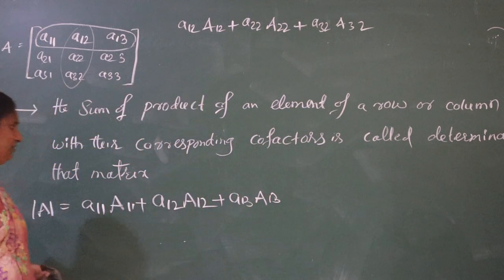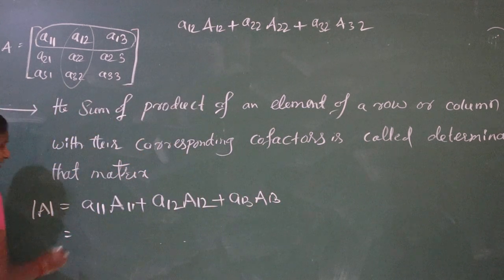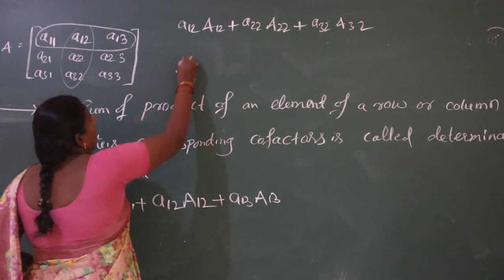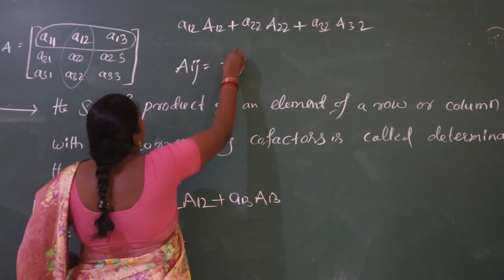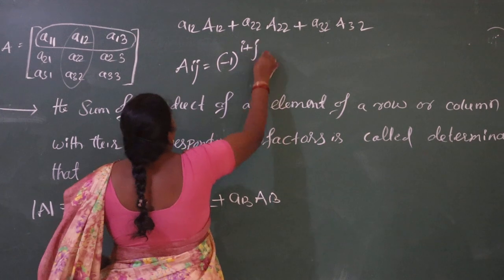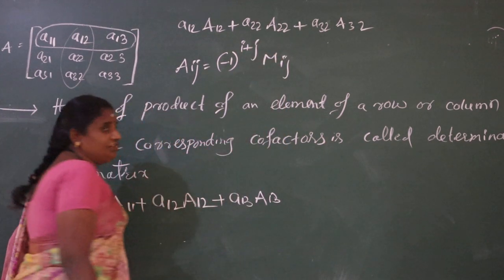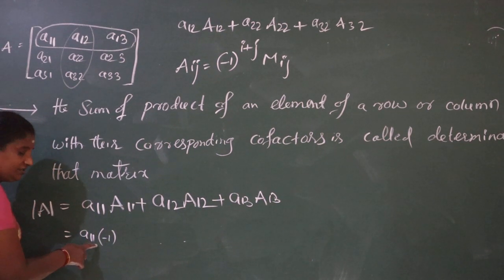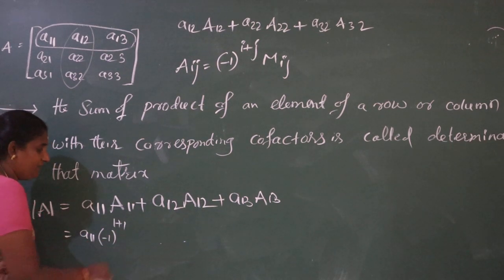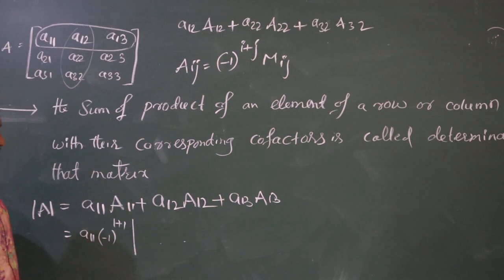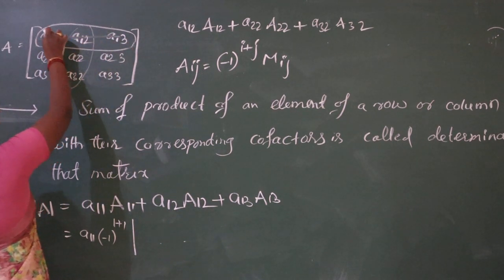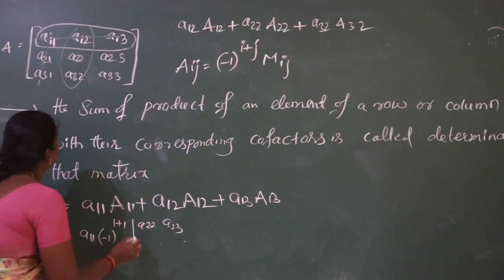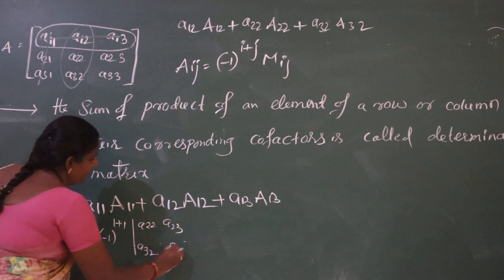Very simple. See, a11 into capital A11, what's that formula? The formula I gave: capital Aij is minus 1 whole power i plus j into Mij. So here minus 1 whole power, i value 1, j value 1, minus 1 whole power 1 plus 1, into Mij, meaning det of: remove the row and column of a11, remaining 4 elements write down: a22, a23, a32, a33.